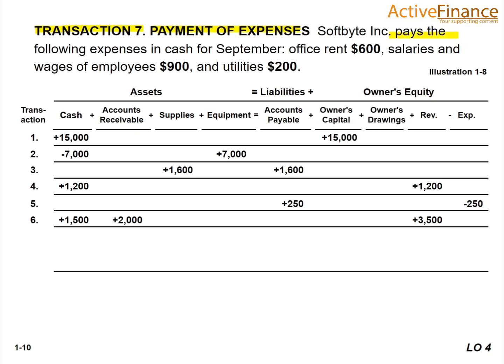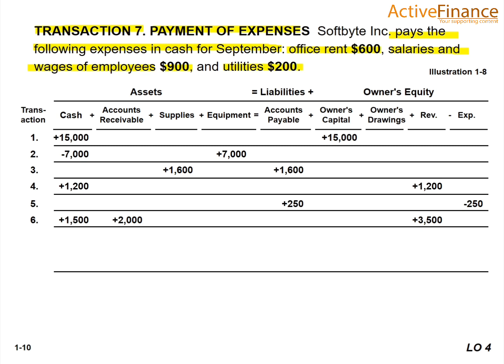The 7th transaction, payment for expenses. SoftBite pays the following expenses in cash for September. So the company is paying the expenses for the month of September. Office rent, which is $600. Salaries and wages of employees are $900, and utility expenses are $200.